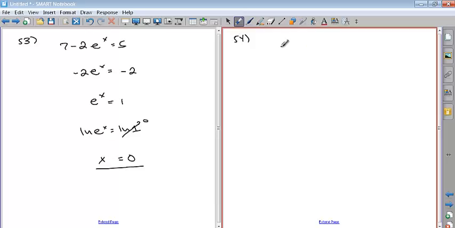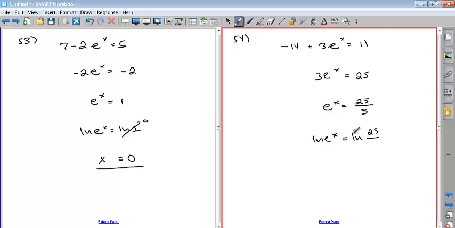Problem 54: Negative 14 plus 3e to the x equals 11. We're going to add 14 to both sides, so we get 25. We'll divide by 3, so we get 25 thirds. Then we take the natural log of e to the x and the natural log of 25 over 3.